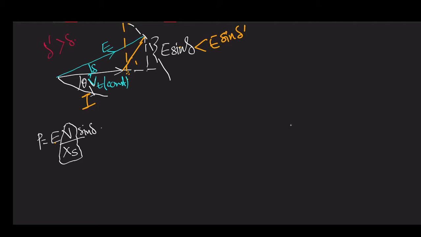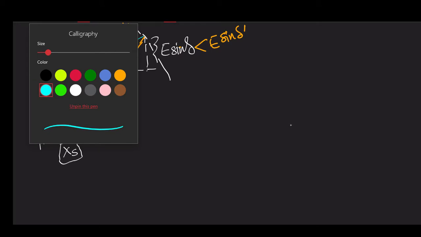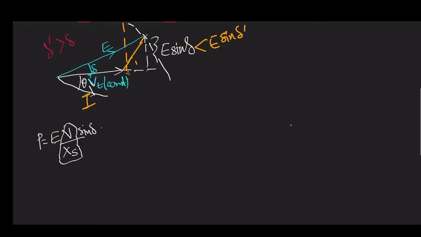But if you increase this E like this, then what would happen? Clearly, if we increase E, this saffron color dashed line is indicating I dash Xs.